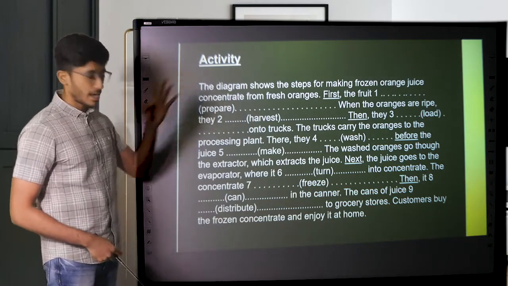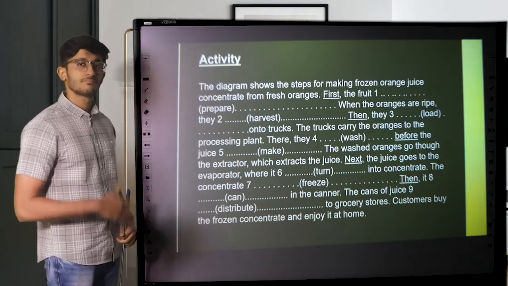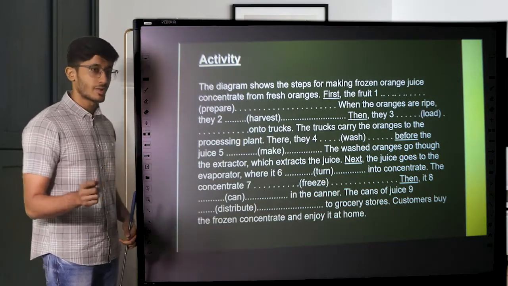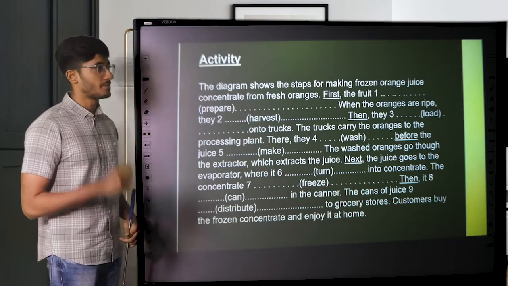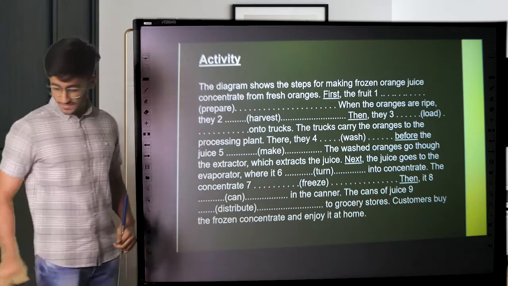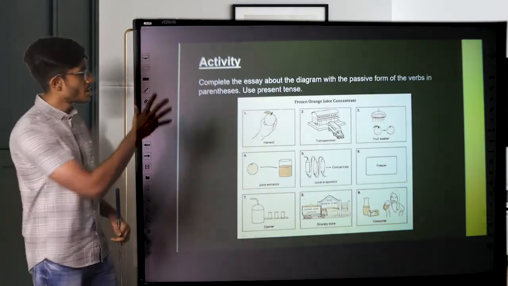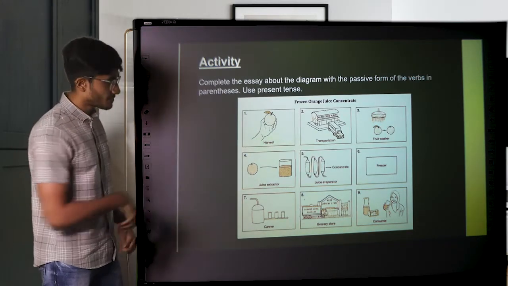I'd recommend you guys pause the video and do the rest of the essay orally, or you can also write. Writing always helps you remember better. So that's how you will do this activity. You can go back and forth, watch the video, watch the diagram, understand the diagram first.